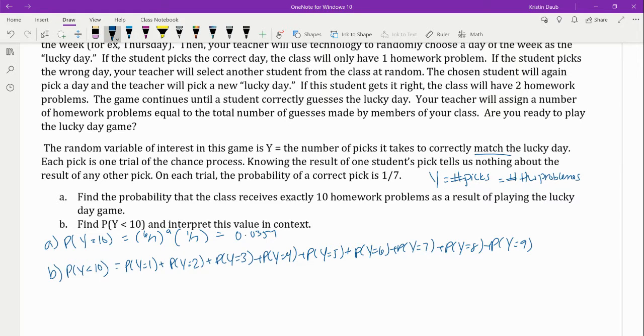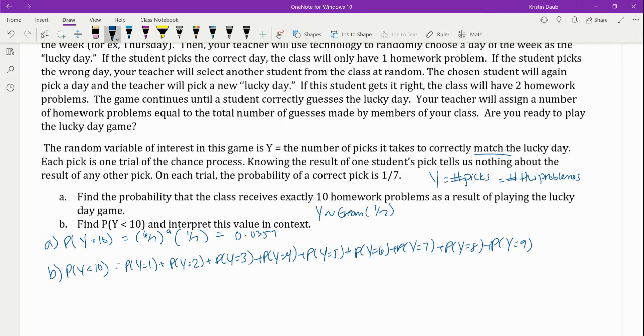This is a discrete random variable, more specifically the geometric random variable. And actually, you know what we should have done too? We should have put at the beginning that y is distributed geometrically with a probability of success of 1/7. So let me make sure that I have that on there. We have a lot of things that we need to add together.